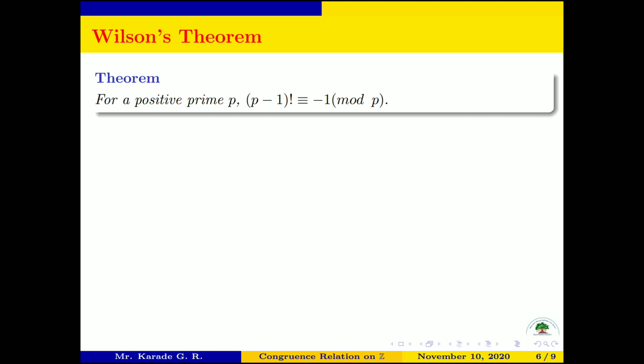So for any positive prime p, this quantity p minus 1 factorial is always congruent to minus 1 mod p.